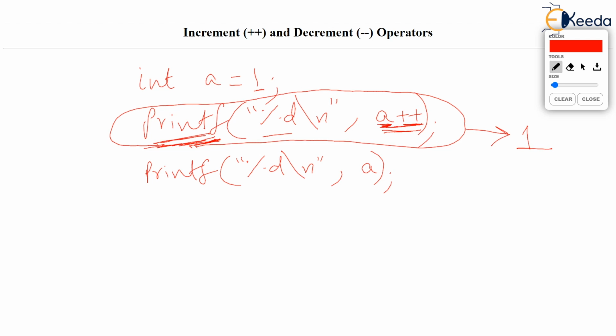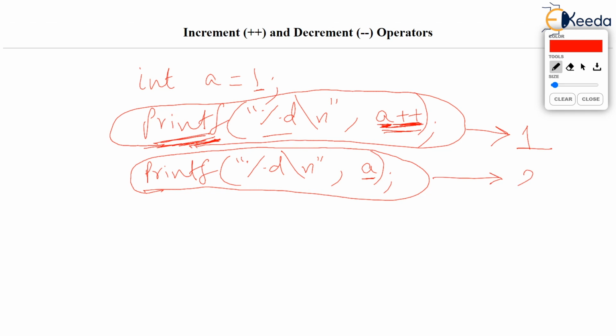So by the time this printf runs, when this printf runs, we have requested this printf to print the value of a. But you know that previously a had got increased by 1 due to a plus plus. So the current value of a now is 2. So the output of this line is going to be 2. Come again.